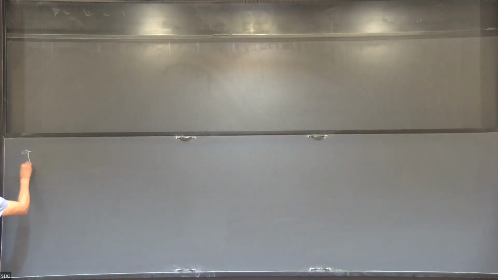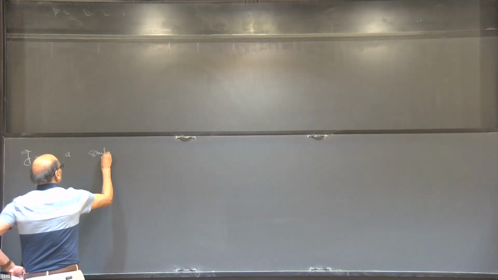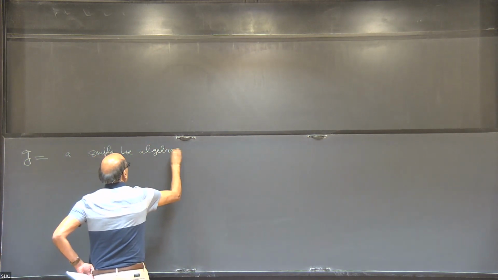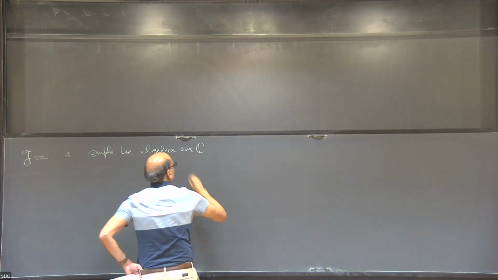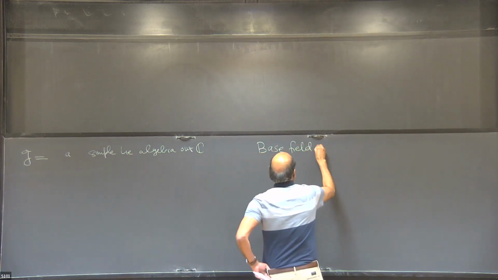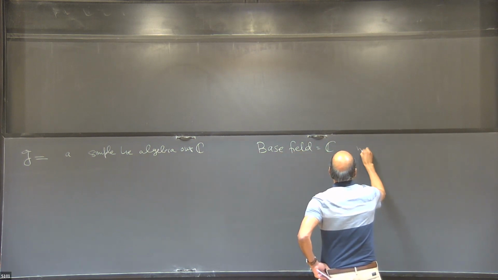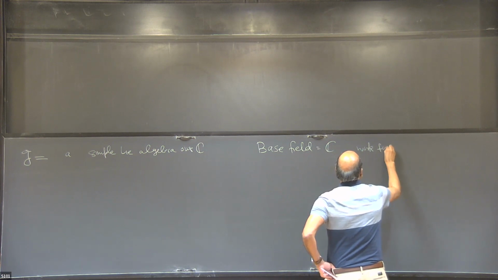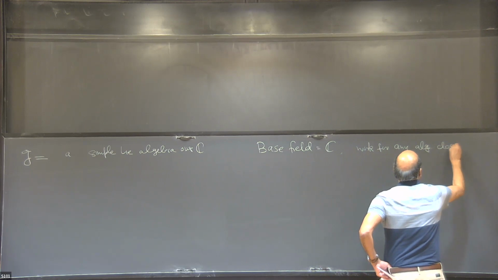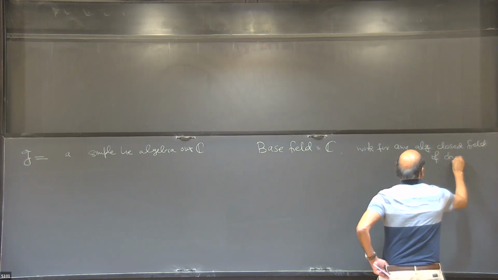So let's pick some objects which I will be using. G is a simple Lie algebra over complex numbers. My base field is going to be complex numbers, although most of the results will work for any algebraically closed field of characteristic 0.